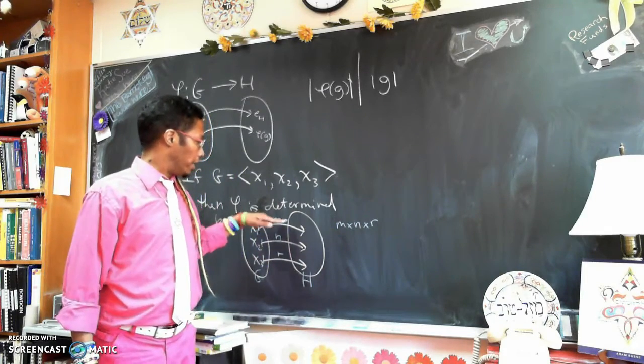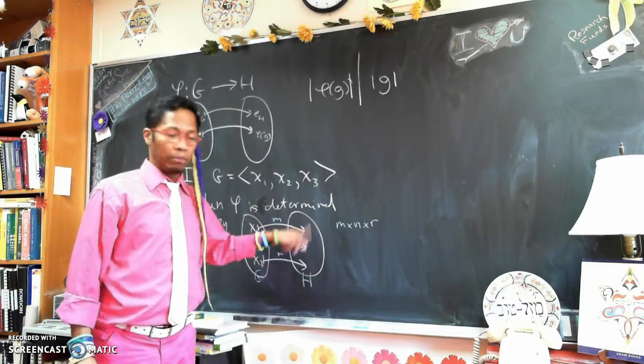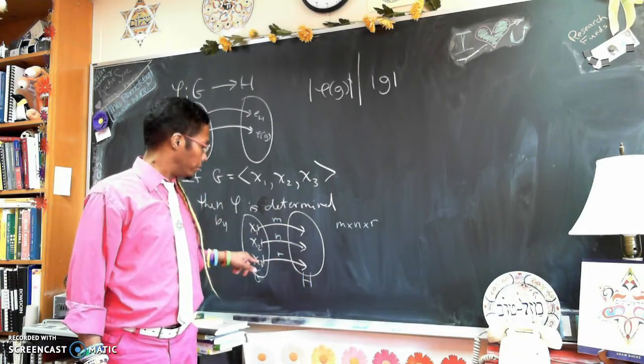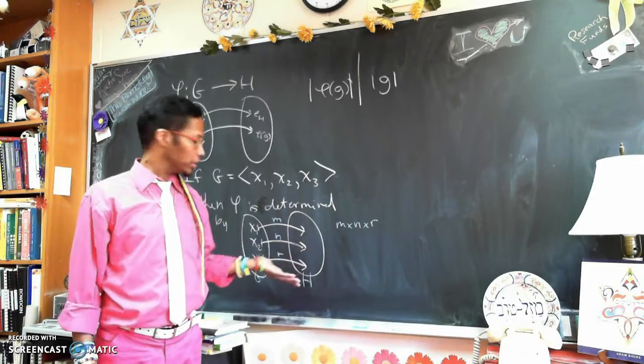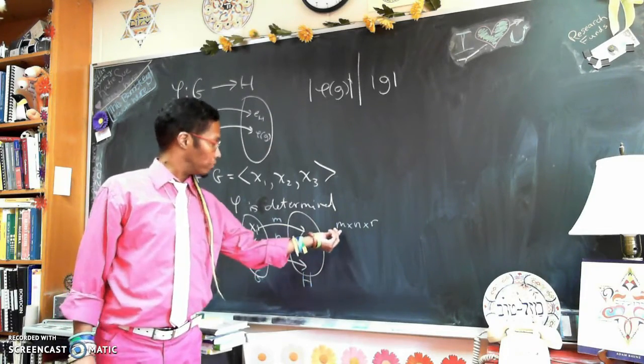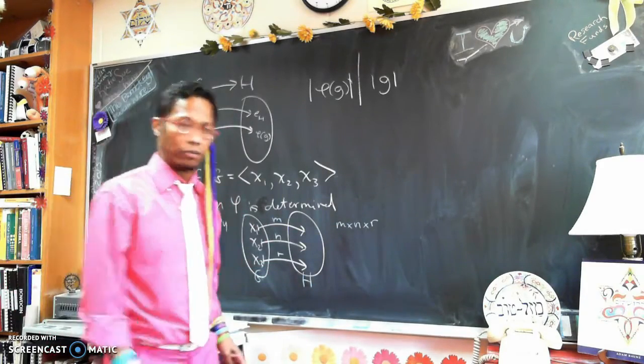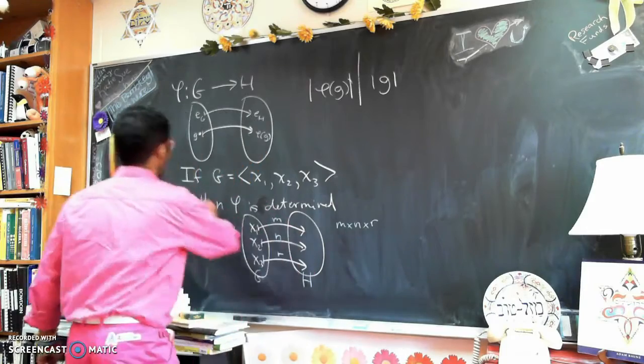If x1 has m different possible places it can go on the right, and x2 has n different possible places it can go to, and x3 has r different possible places, then the number of different homomorphisms is m times n times r. Okay, that's going to be very important in this example to follow.